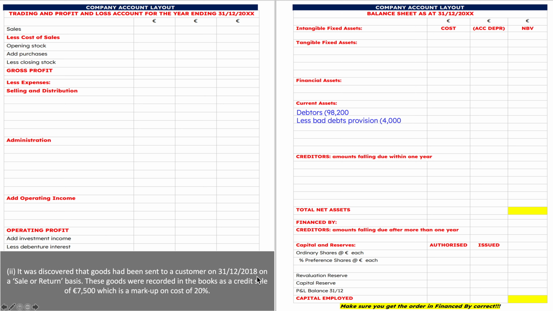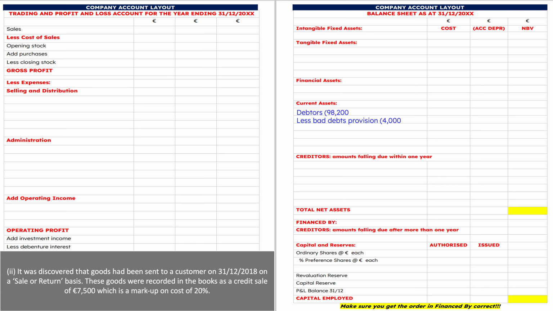Okay, so end of the year, this is going to be a closing stock adjustment as well. Closing stock will go here in my trading, but it will also go down here in my current assets. Whatever figure is here, you just bring it over to the balance sheet when you're finished all of your adjustments. The bookkeeper recorded the sale or return as a credit sale, and they really shouldn't have. That was not the correct thing to do. So we need to unwind that.